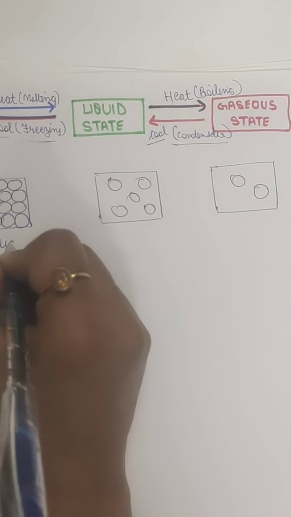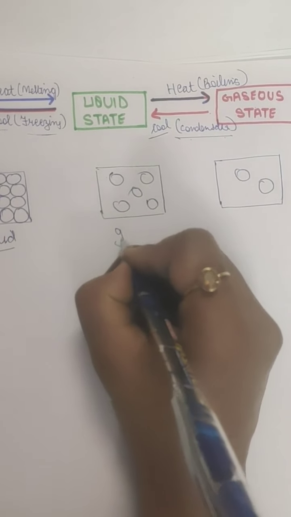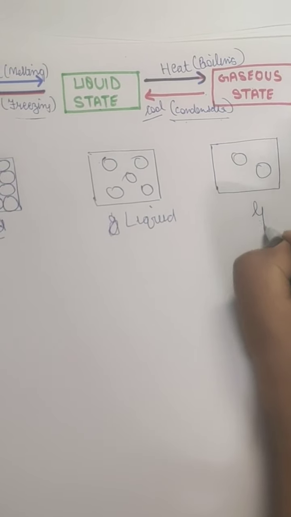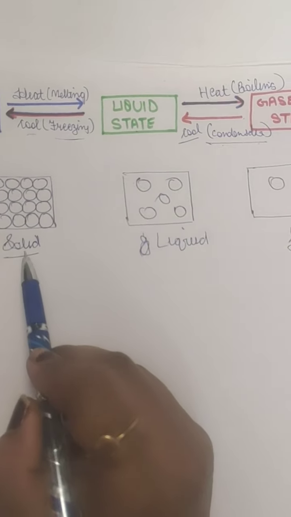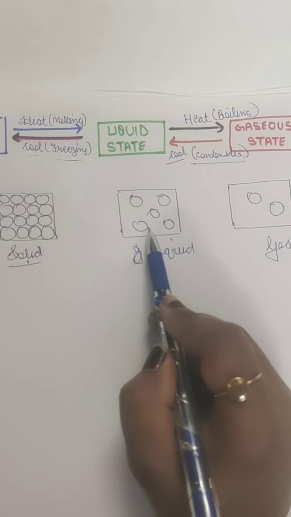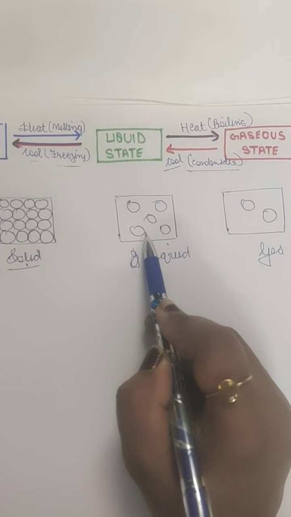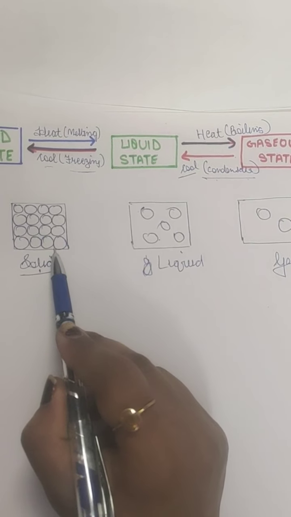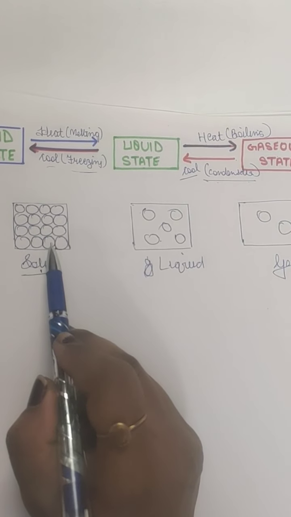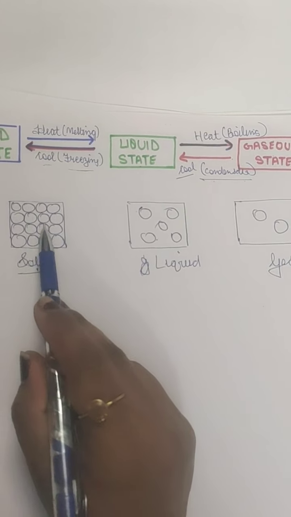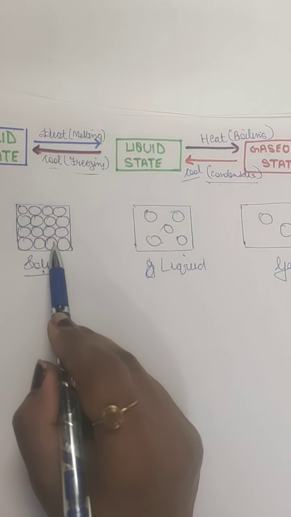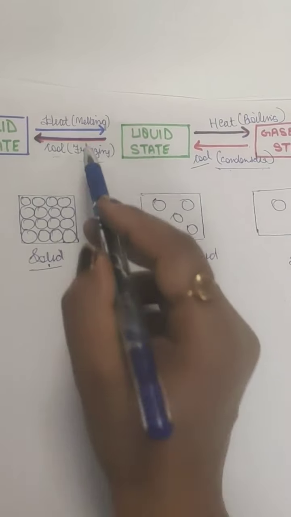So if the particles of solid are allowed to behave like this, that means the solid is converted into liquid. When we heat any solid material, the force of attraction between these particles loses strength.